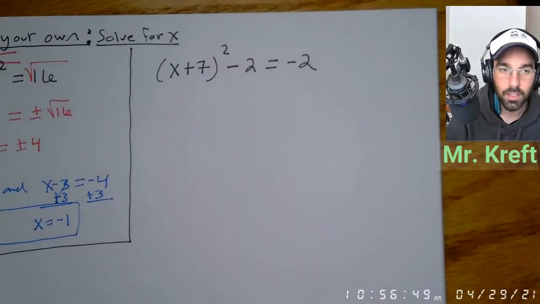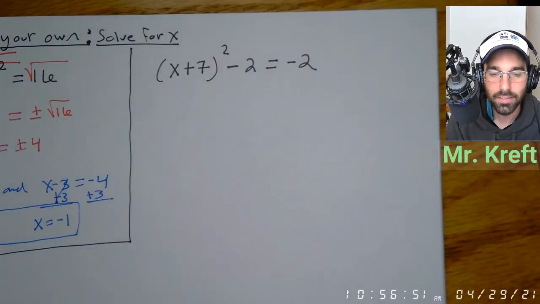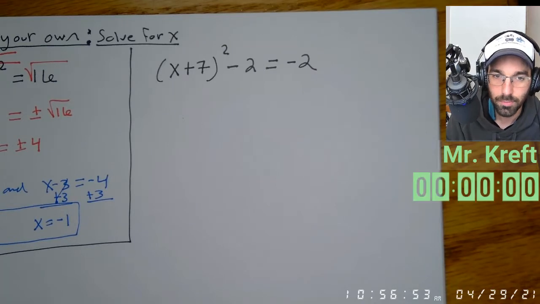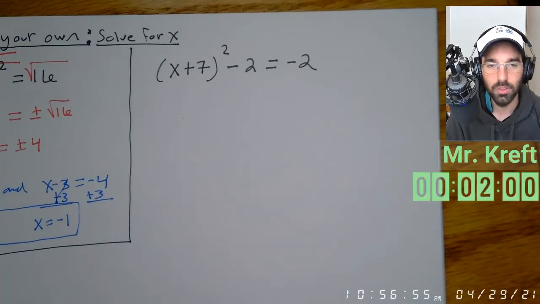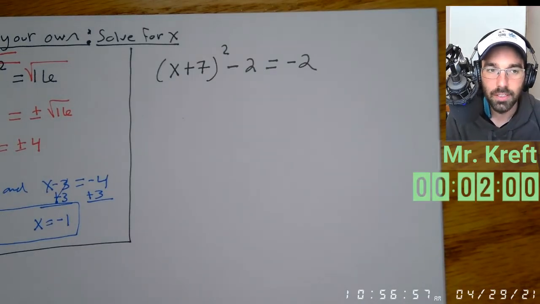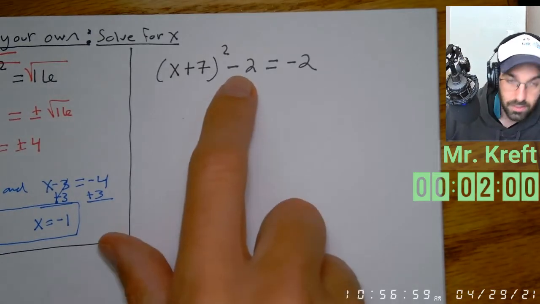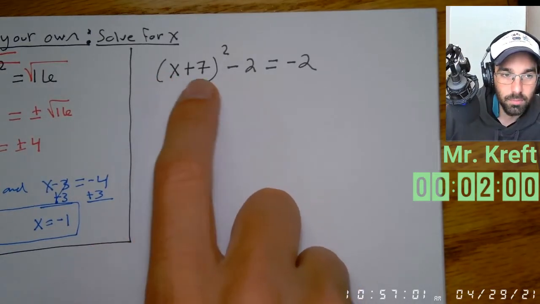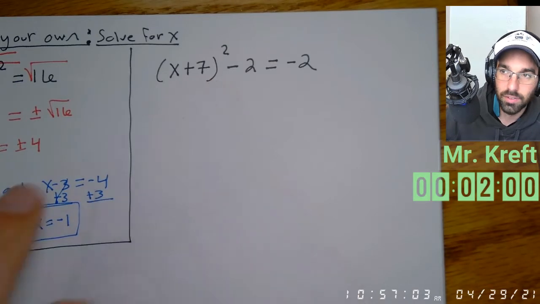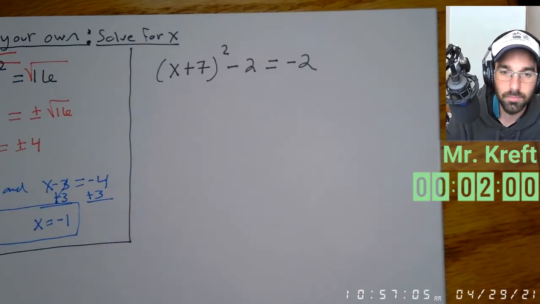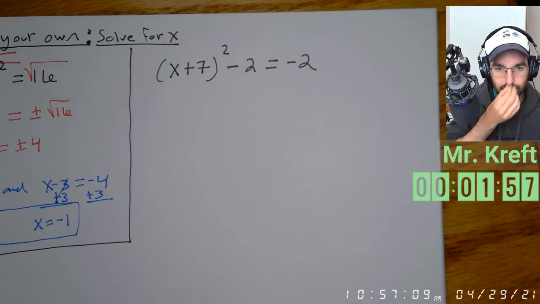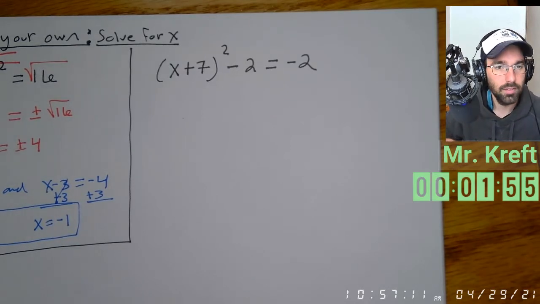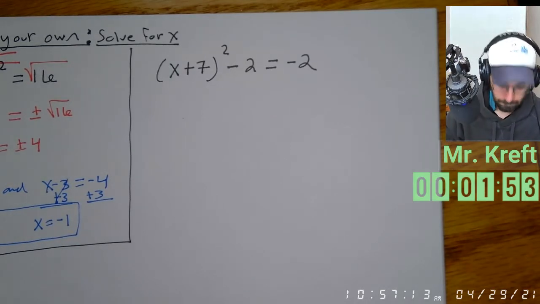So let's try this one. Remember, you have to get the squared term by itself first. So if there are extra terms, we have to move those. Notice right here, the squared term isn't by itself. You have to get it by itself first. And let me know if you guys have questions.